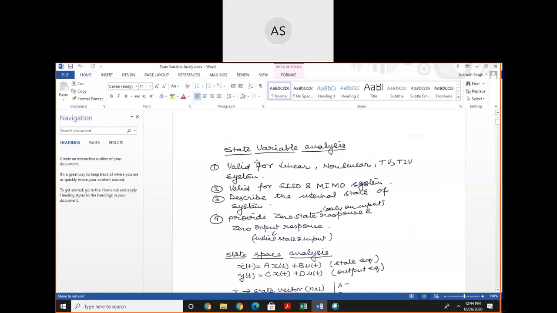This state variable analysis describes the internal state of the system, means it takes the initial states, initial values of the system. It provides zero state response. Zero state response depends only on input, while zero input response depends upon initial state. Means it provides both zero state response and zero input response.